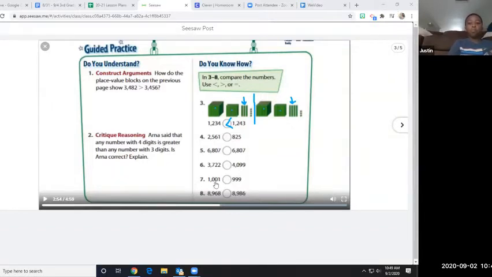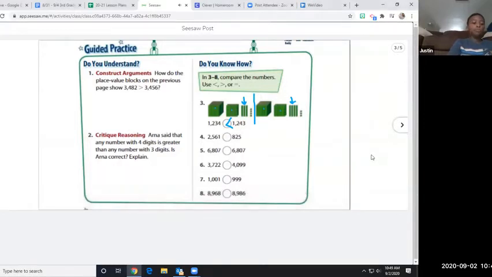All right, we're going to continue down 4 through 8. Now, we can draw place value blocks for each one of these numbers 4, 5, 6, 7, and 8. We can also draw a place value chart if that's what makes it easier and what makes sense to us.